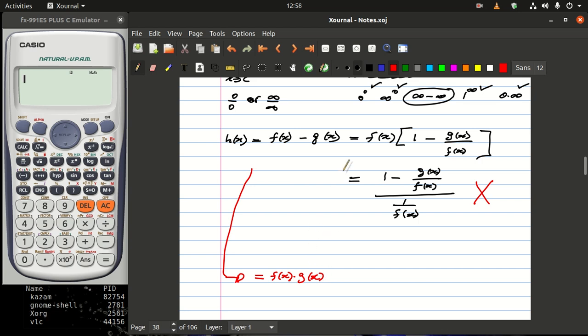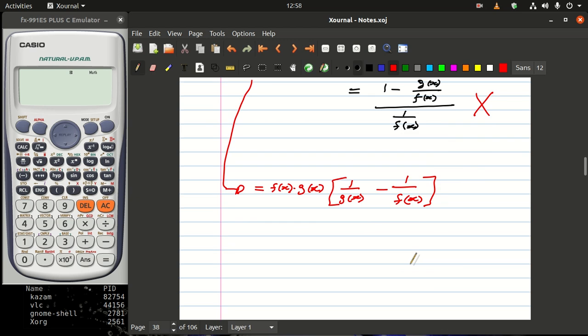I am forcing a factorization and factorizing, and inside here what will happen is this: f of x divided by this whole thing, and then I will have g of x minus, and when I divide that, I get 1 over f of x. So you will realize this becomes a nice thing of 1 over g of x minus 1 over f of x, and then you divide this whole thing by 1 over f of x times g of x.